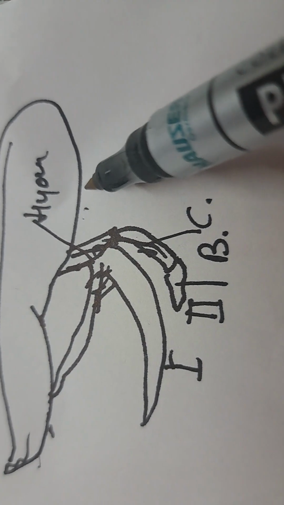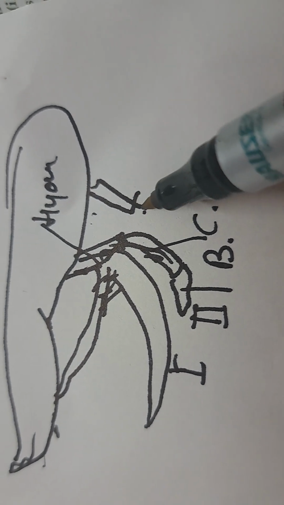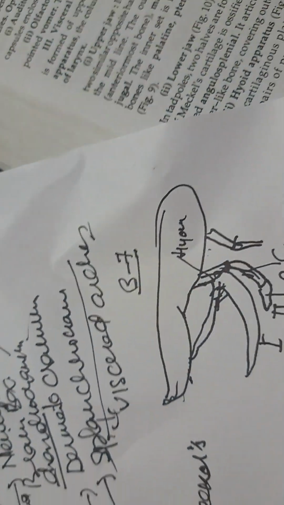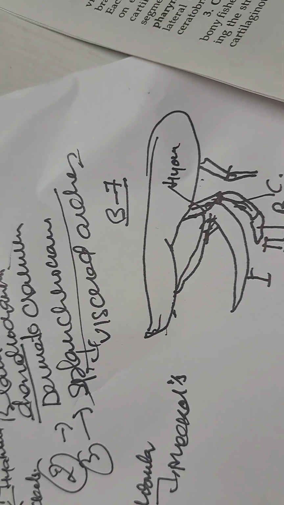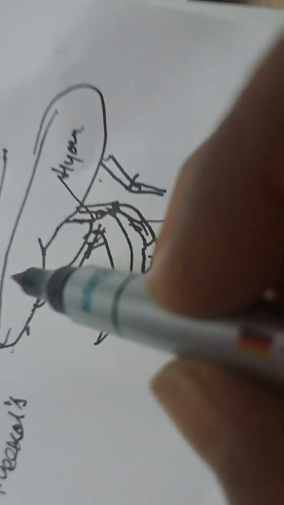So what are the different parts of the branchial arches? I'll just draw. To begin with, from the dorsal side, it is the pharyngobranchial. After pharyngobranchial are the epibranchials.